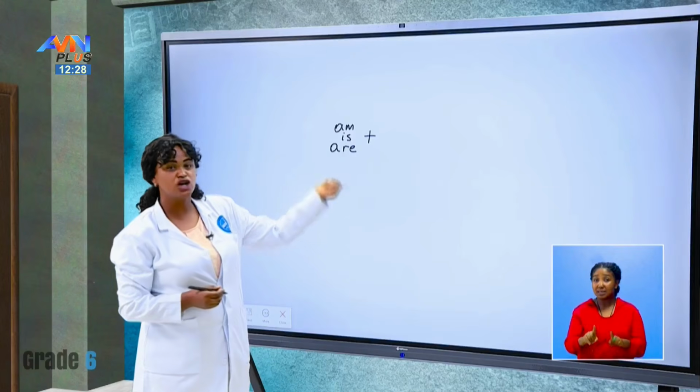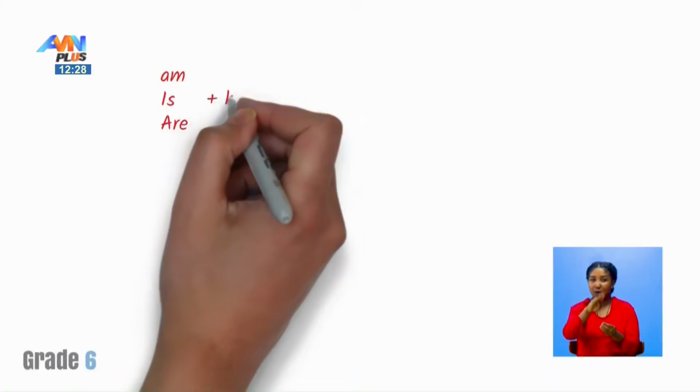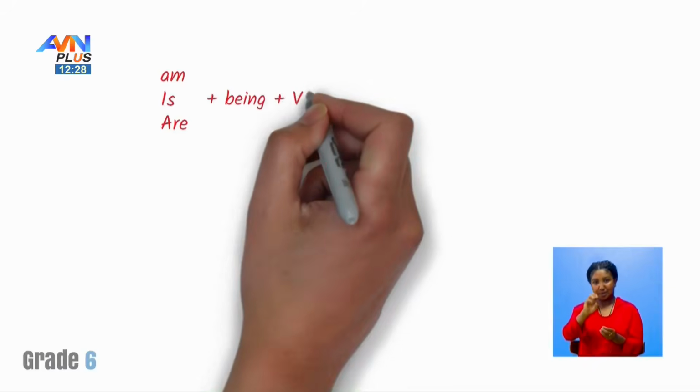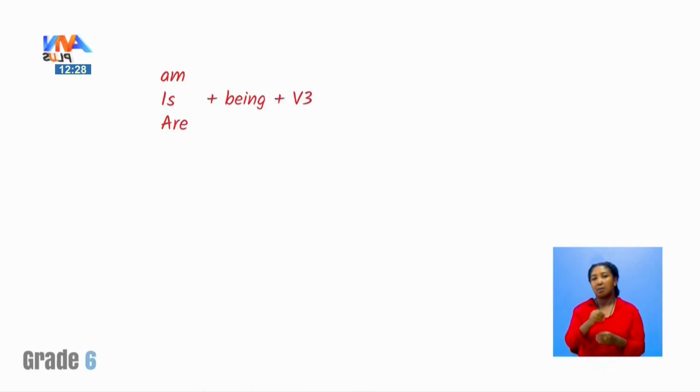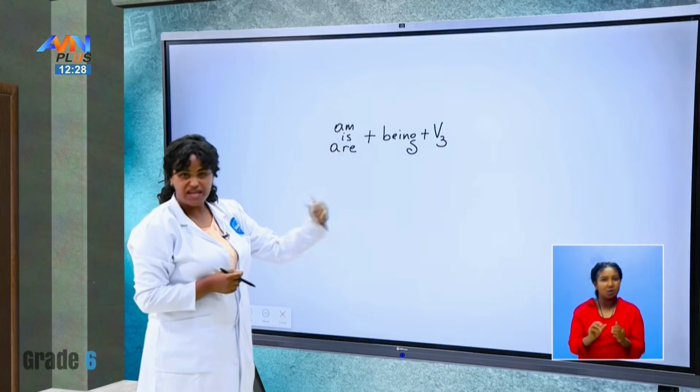But since it is continuous, to show the continuity, we add what? Being. Plus being, and then the passive form of a verb is what? Verb 3. This is how we make present continuous passive.